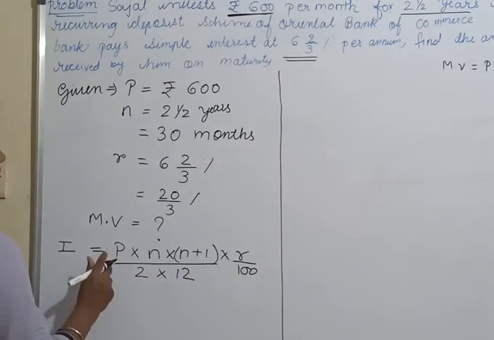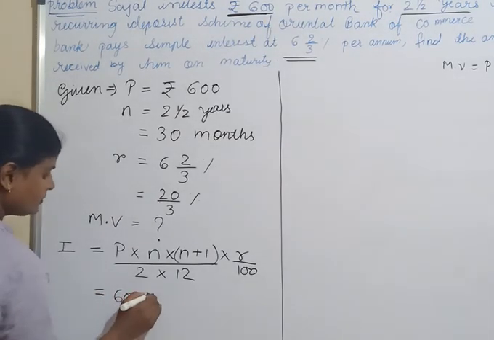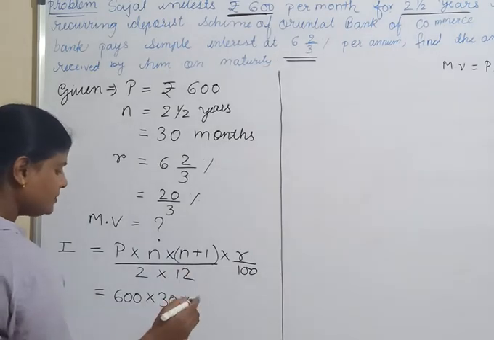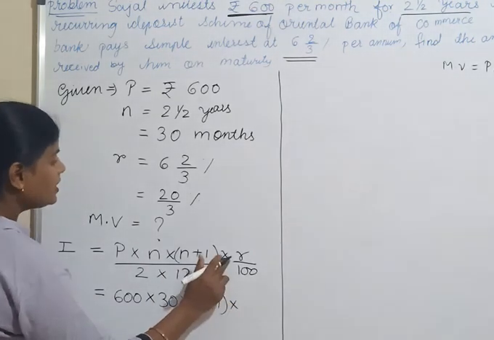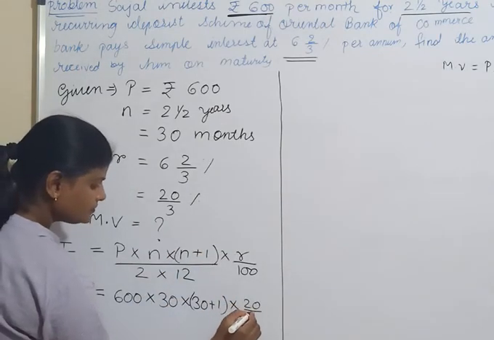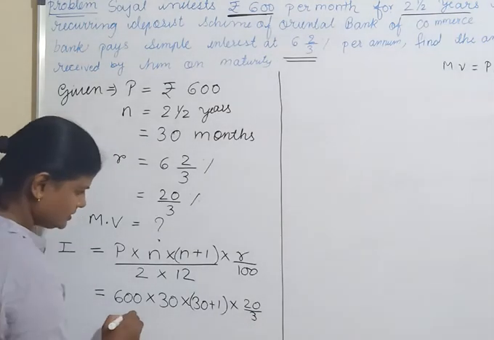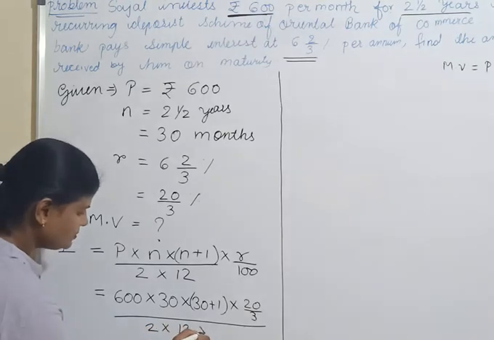Principal is 600, N is 30, N plus 1 means 30 plus 1, R is 20/3, divided by 100. I will write it as 2 into 12 into 100.